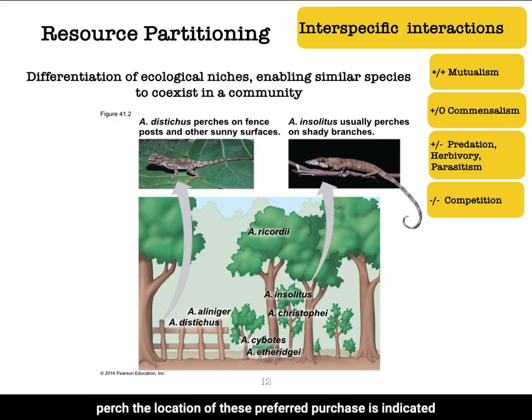The location of these preferred perches is indicated by the location of the species' Latin name on the figure. One prefers to perch on or near the ground, while another is in the tree canopy. The actual niche space for each species might have a lot of overlap, but when they are found together, competition shrinks down the niche space, reducing the overlap.